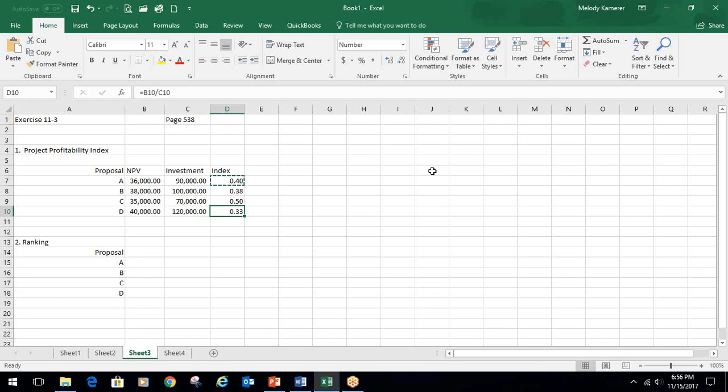We can now rank our projects because we have the profitability index. And if we're ranking, we need to change. It's no longer A, B, C, D here. Our most profitable one is C at 0.50. Next we have A, which is 0.40.